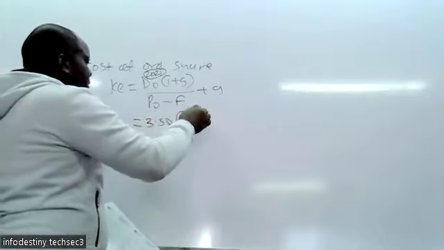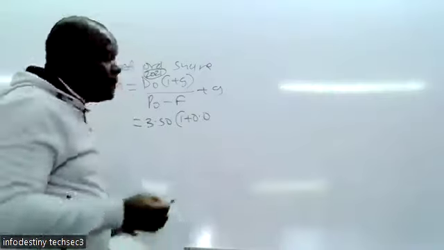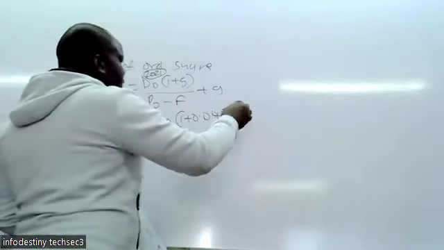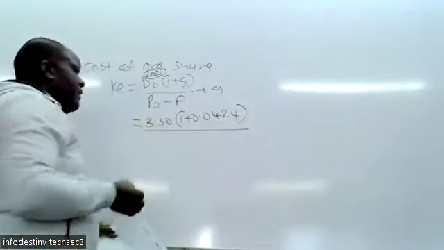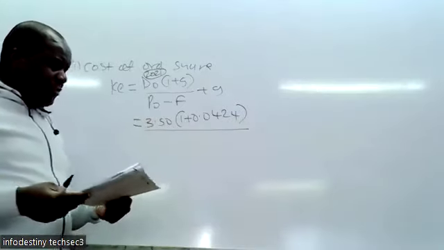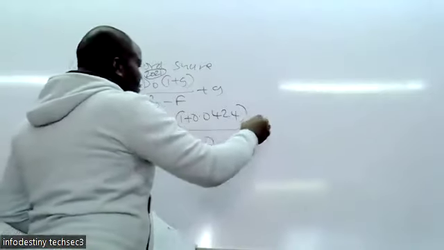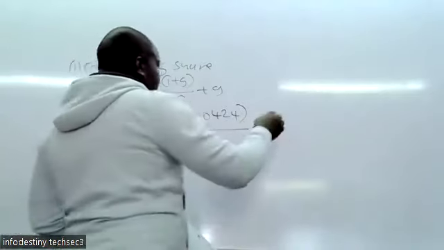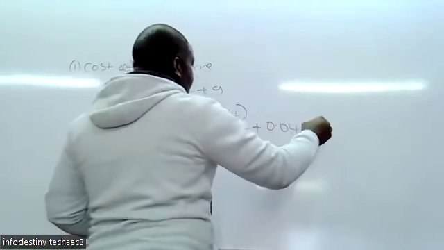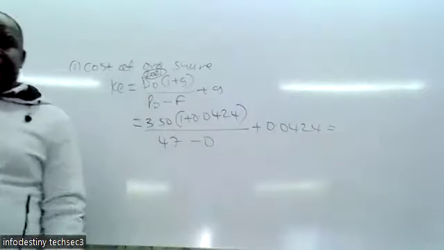So 1 plus 0.0424, divided by P0. P0 is the price per share in note number 1, which is 47. The question does not give you a flotation cost. Then express it as a percentage.